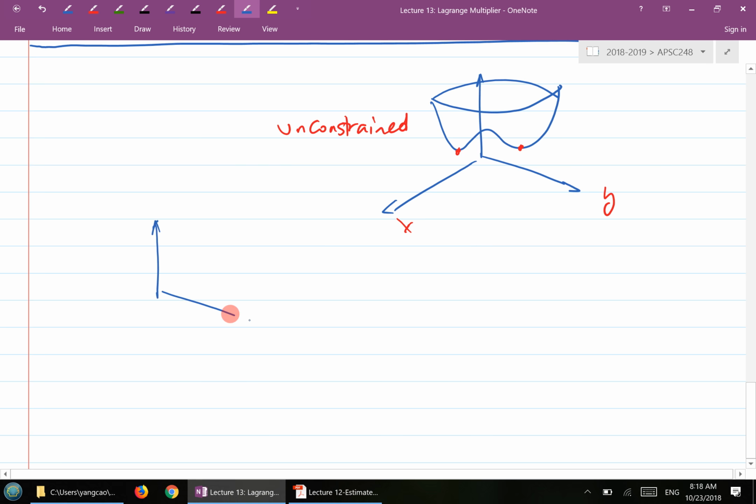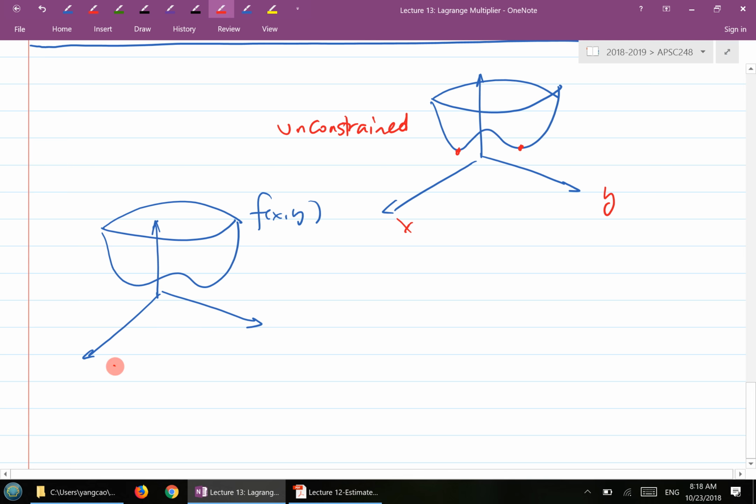Let's say I have the same surface f of x, y. But this time, the xy value will not be so lucky, will not be able to move around anywhere within the xy plane. Let's say the xy will be constrained to a trajectory inside this xy plane. So your xy will be constrained to here, not going to be here, not going to be here. It's going to have to be here, here, here, like this. That's called a constrained problem now.